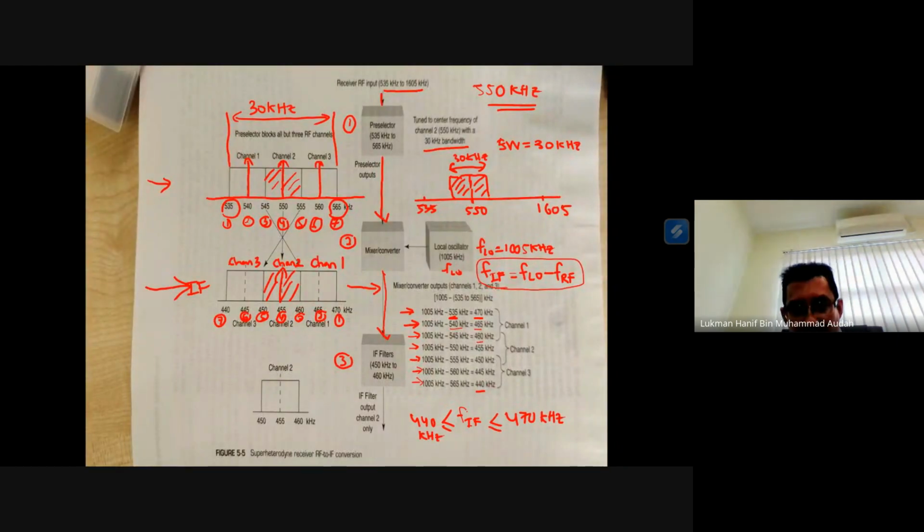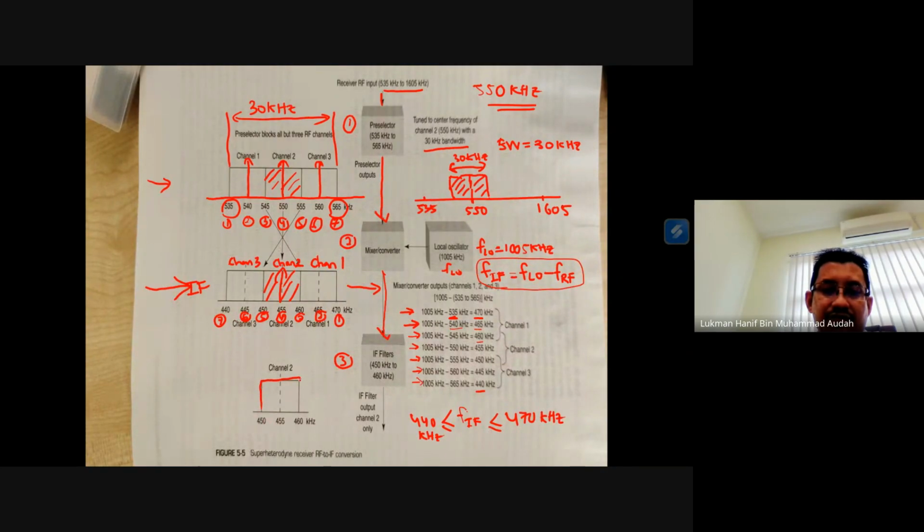And if you see from here, the IF filter is between 450 to 460. So this IF filter will cut through the frequency from 450 until 460. That means from 450 until 460 will be selected.